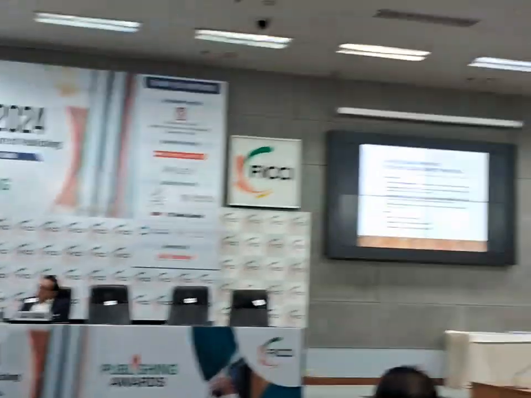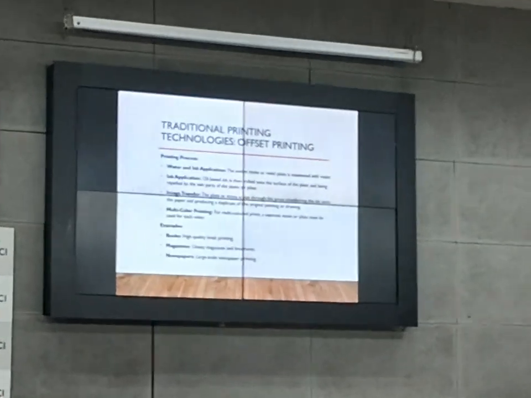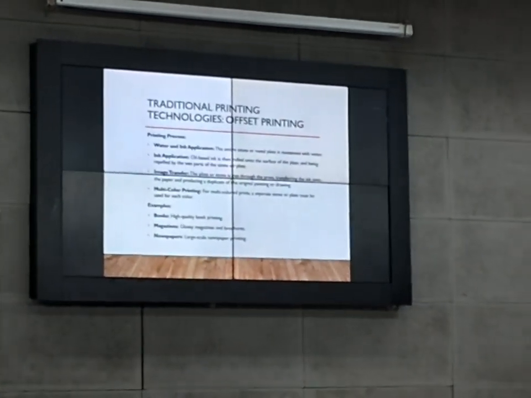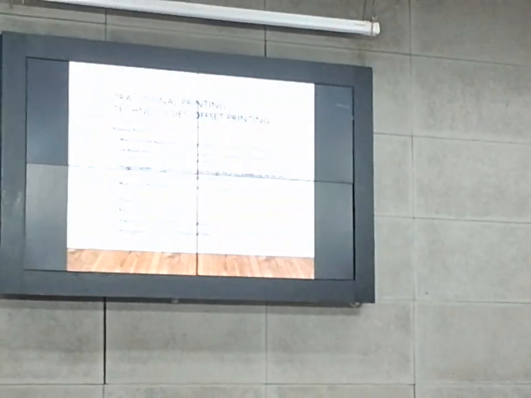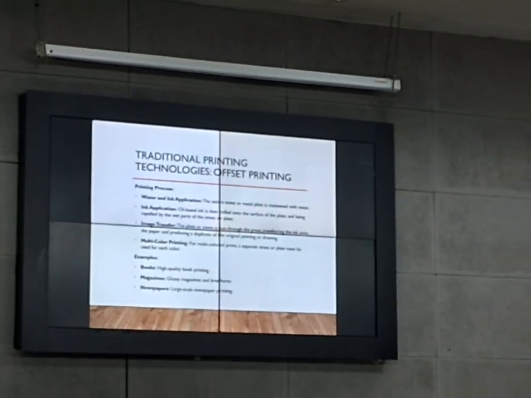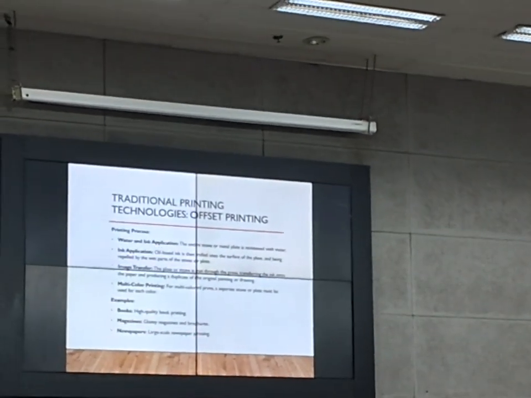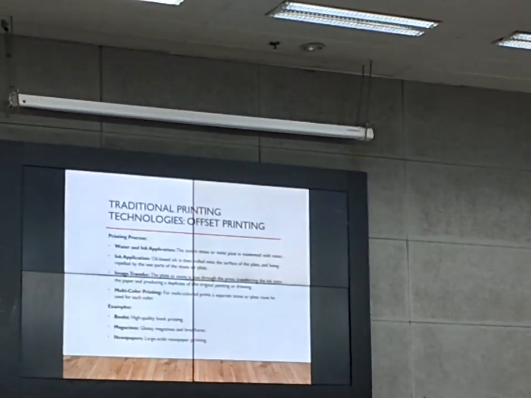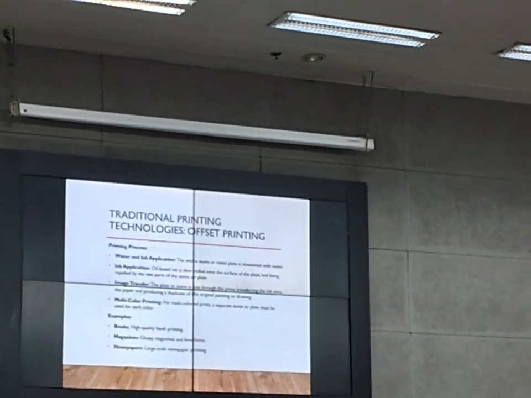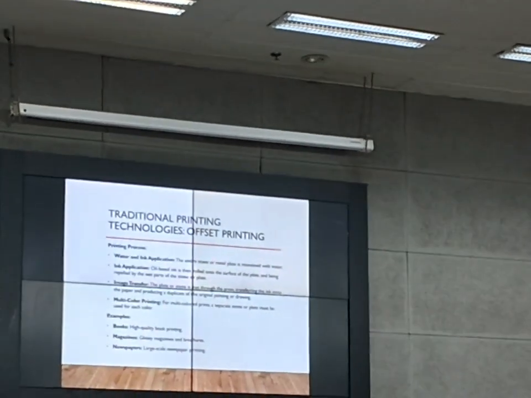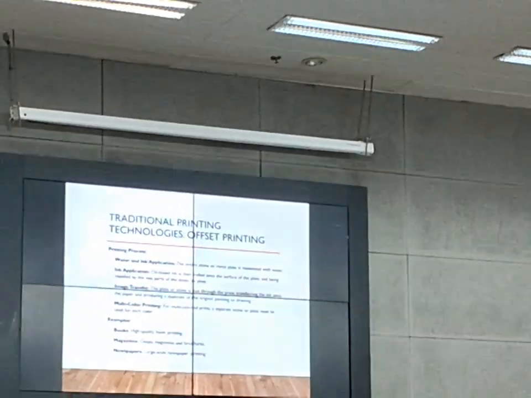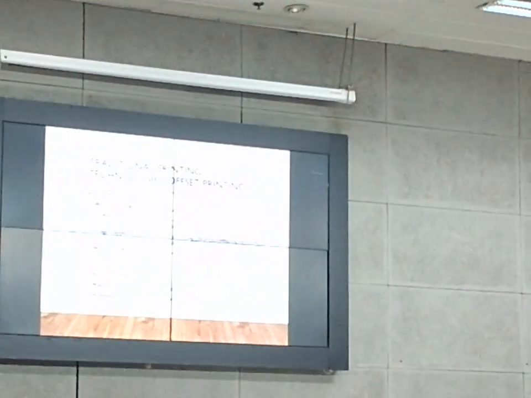Some examples are books, magazines and newspapers. Wherever a long run is required and the number of impressions is high, we can use the offset printing process widely. We also use it for multicolor printing.